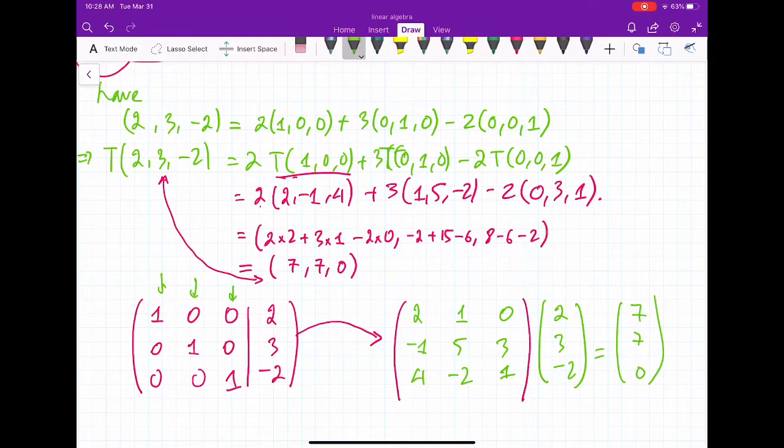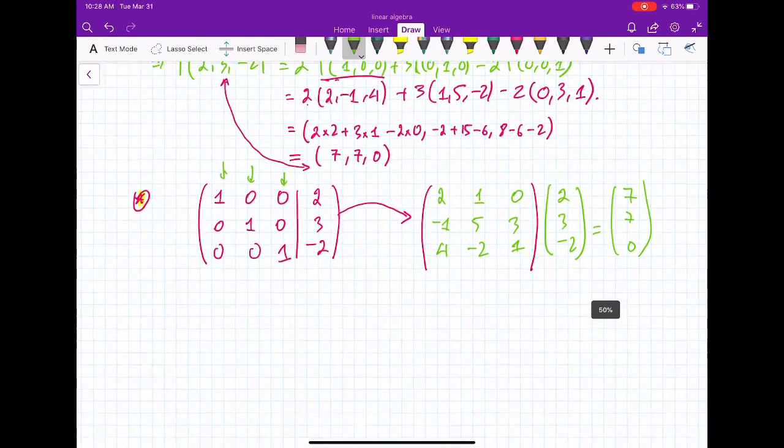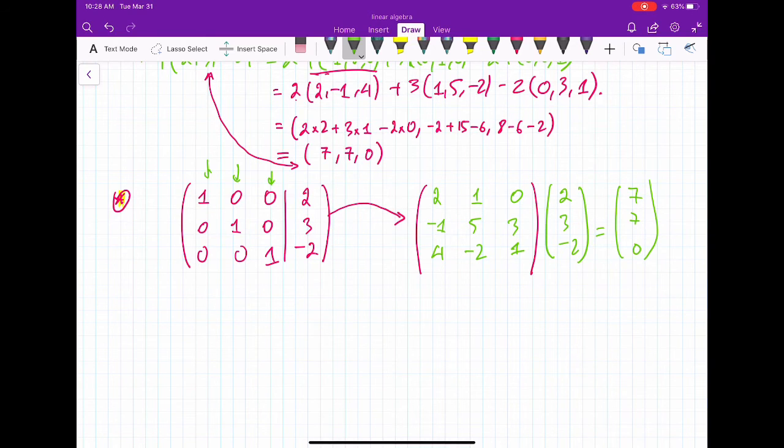Make sense? So we can solve such problems using matrix forms. That is interesting. Look at this. That is the first vector v1, the second vector v2, the third vector v3, and that is v0. You have the images of v1, v2, v3.